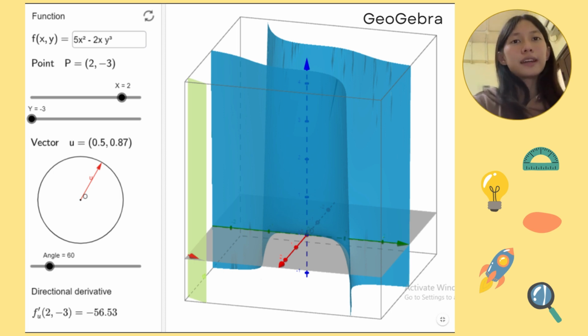Since (a, b) is (1/2, √3/2), we know that cos of something equals 1/2 while sine of something equals √3/2, which is 60 degrees, so I put the angle of 60 for vector u, and we can acquire the directional derivative D_u f equal to −56.53, which is the same as our calculation. And this is the graph for the question.